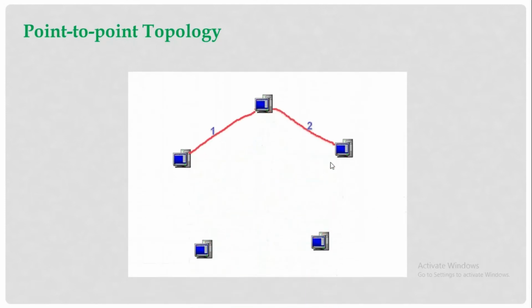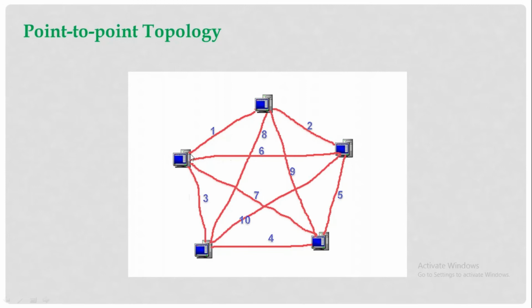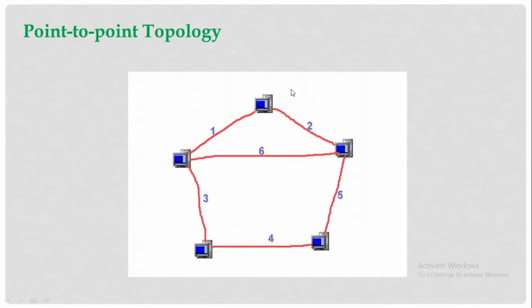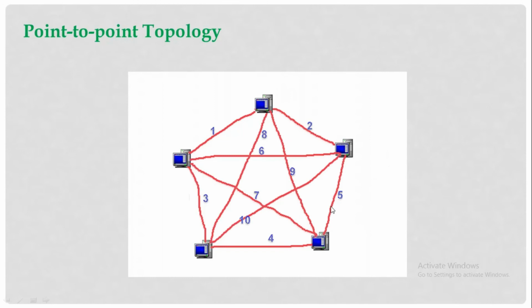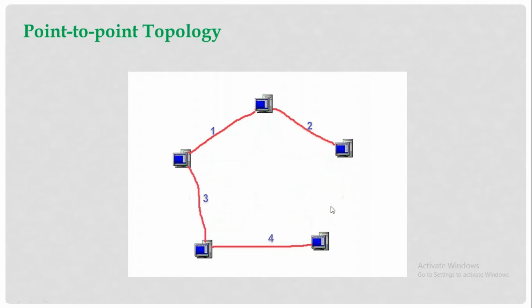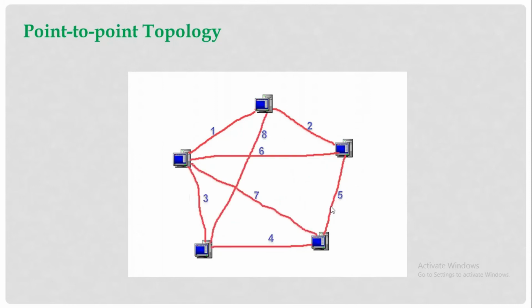First, let's discuss point-to-point topology. In point-to-point topology, you can see from this animation, each and every system should be connected to another system. For example, if you take two systems, system X should be connected to system Y. If you take three systems X, Y and Z, system X should be connected to Y as well as to Z. That is how you can see in this diagram.